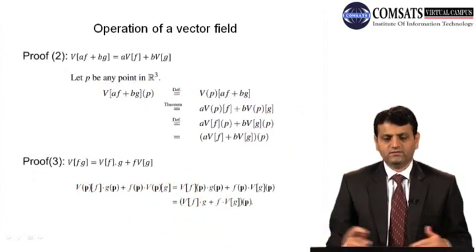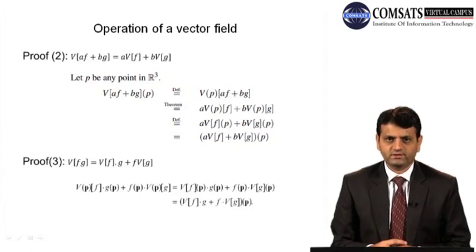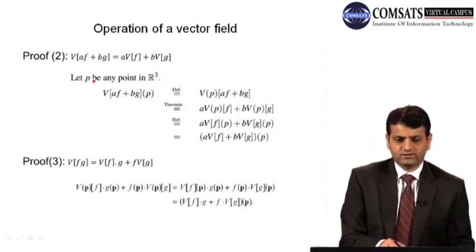Similarly, in order to prove the second part, we use the same strategy. Two functions are equal if and only if their image values at each and every point of the domain are equal. So we have two functions. The first function is the operation of a vector field V on the function af plus bg.